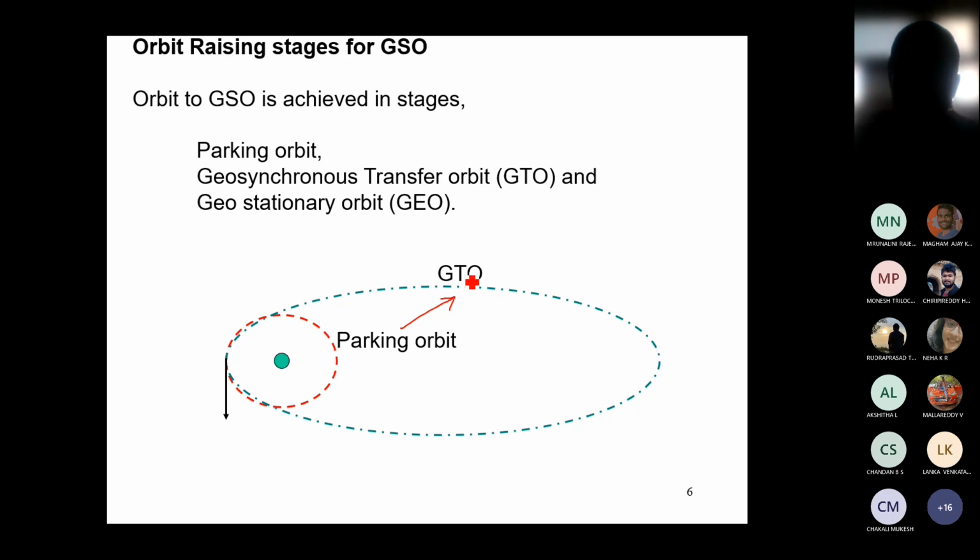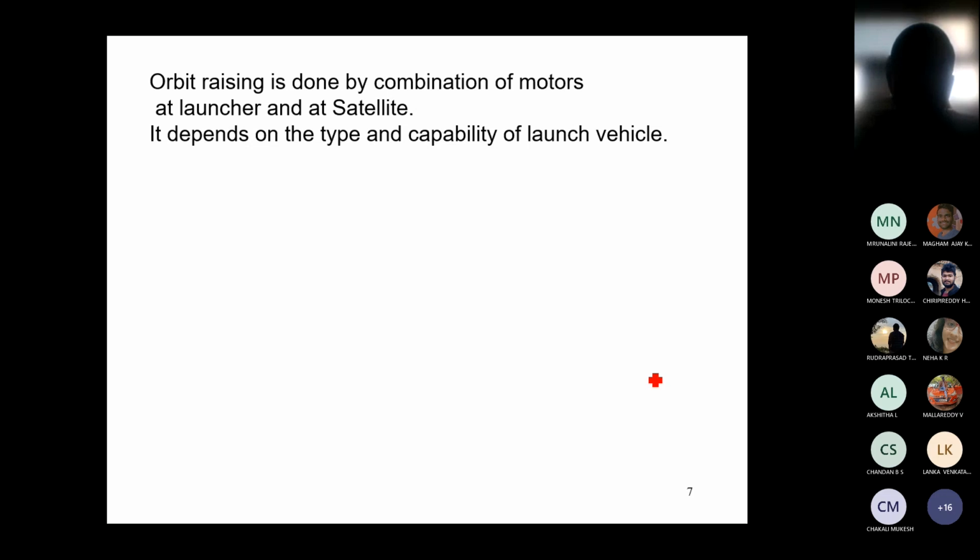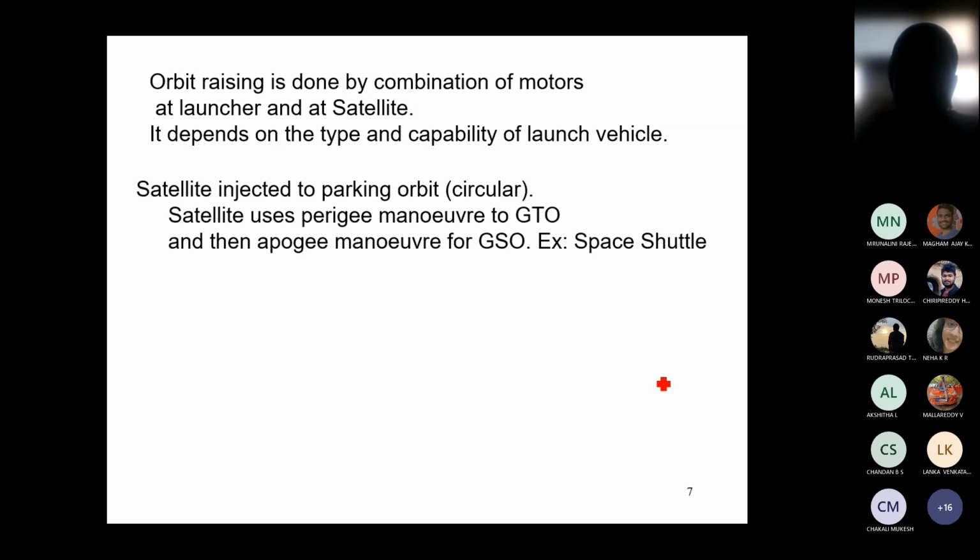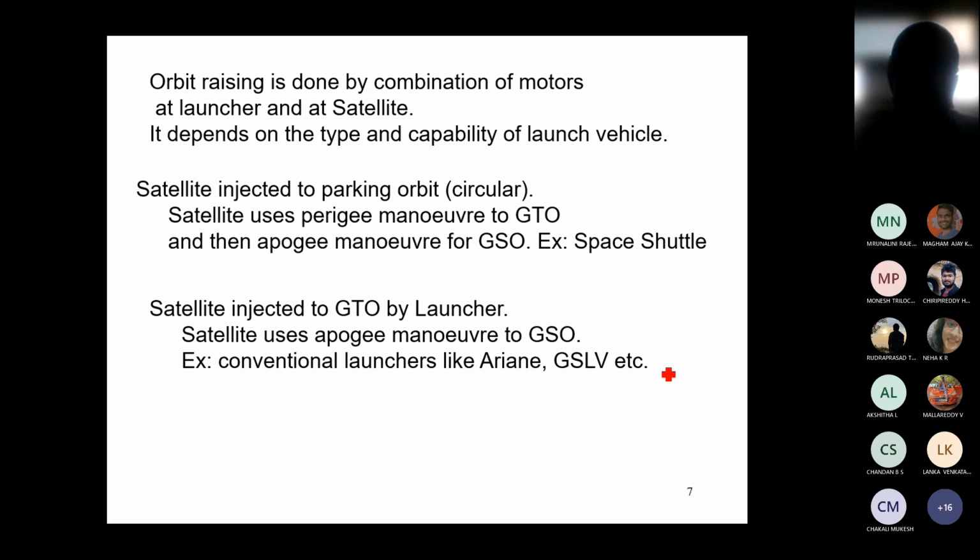Similarly, from GTO orbit to GEO orbit, the orbit raising happens at apogee. Apogee means at this point. Okay, so this is what we have discussed, and some launch vehicles we have discussed.